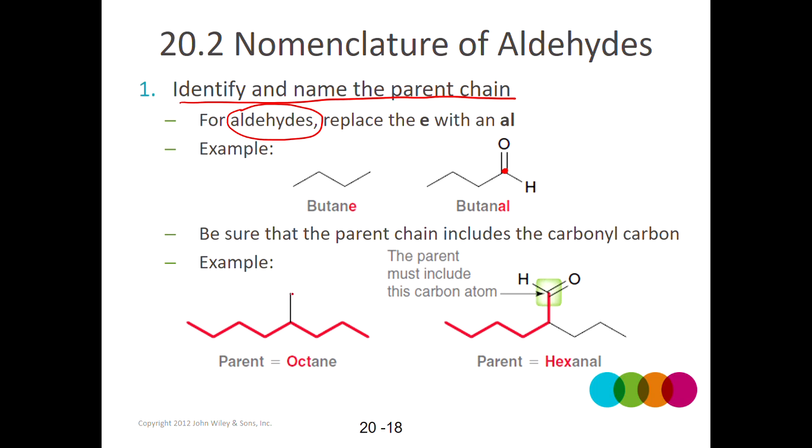So if I have an aldehyde here, even though there are 8 carbons in the longest consecutive chain I could find, that shouldn't be my parent chain because it's difficult to name this as a substituent. Instead, I would want my parent chain to include that carbon and as many other carbons as possible, and then name the remaining carbons as a substituent. So find the longest chain that includes the CO double bond.